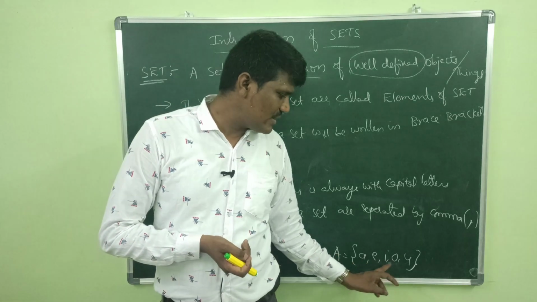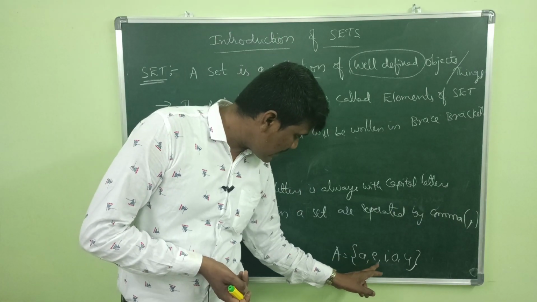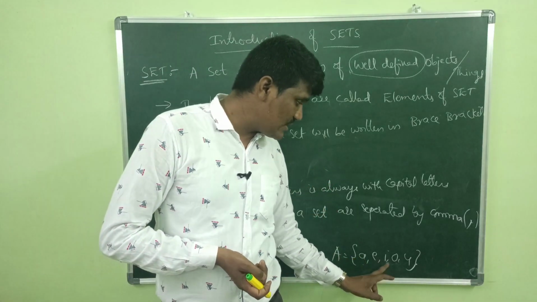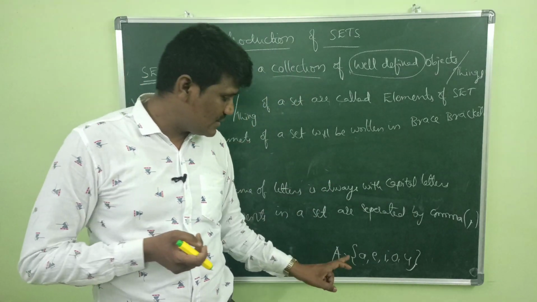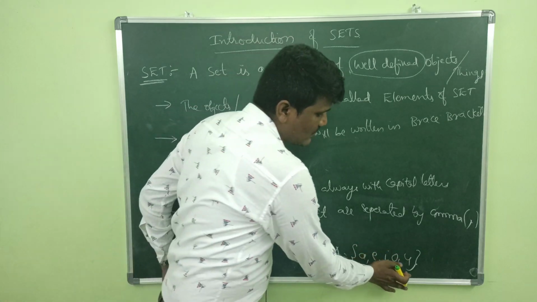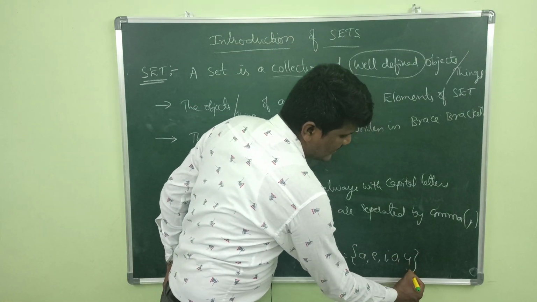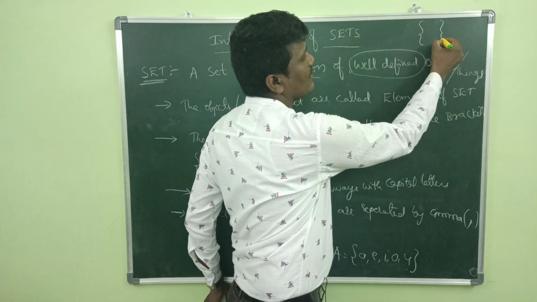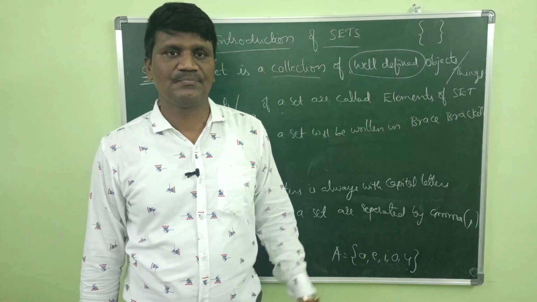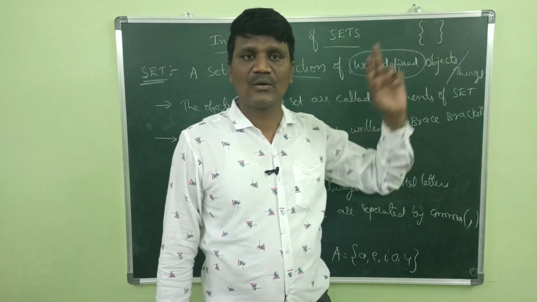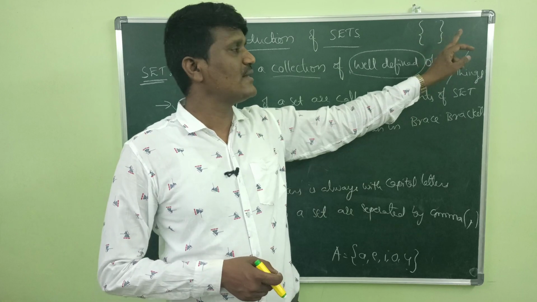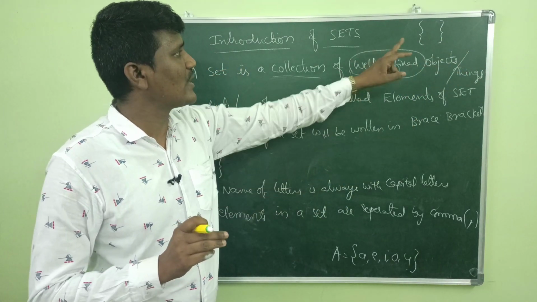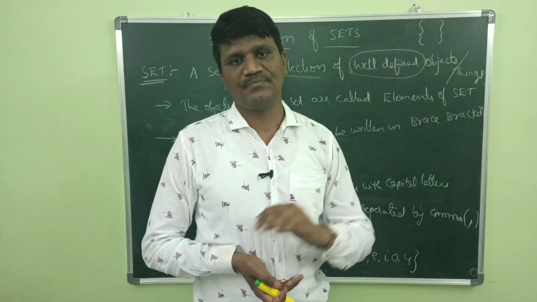We separated the elements with commas, and we have written the elements inside brace brackets. You learn how to write the brace brackets: left side open and right side close, open brace and close brace. The elements of any set we should write under the brace brackets only.